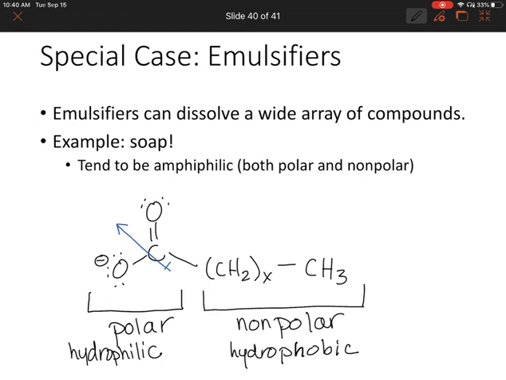So emulsifiers are really useful if you're trying to remove dirt or oil from something. So let's say we have an oil droplet, and remember oil is nonpolar. The nonpolar end of this emulsifier will be attracted to the oil, and then the hydrophilic part or polar part of this molecule will be attracted to any surrounding, let's say, water.